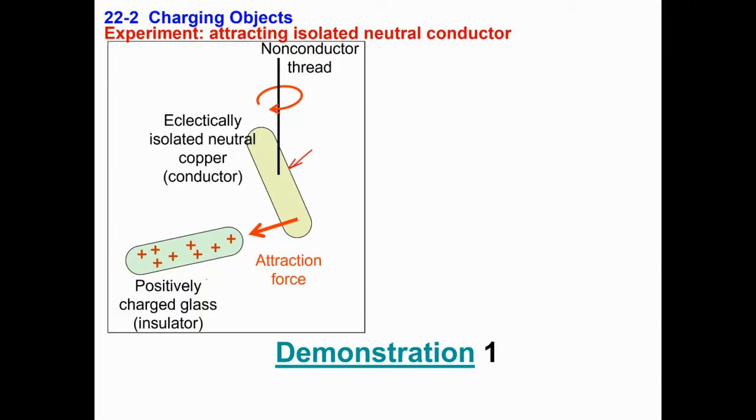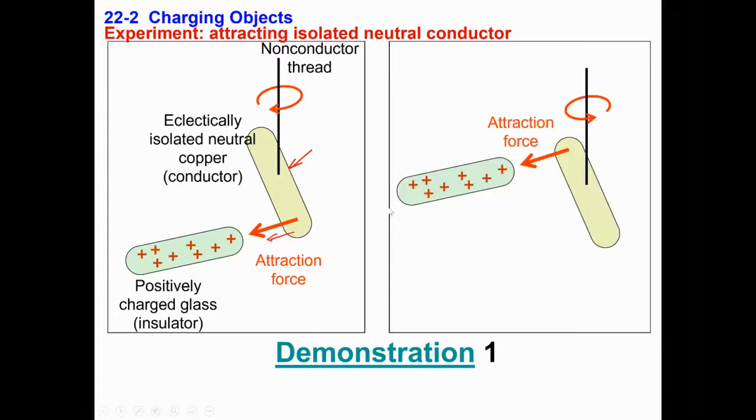Okay, and if you charge a glass by rubbing, and you charge it with a positive charge, we notice when you bring the positively charged glass close to the conductor, it will be attracted to it. So there will be an attraction. Same thing if you take the glass rod to the other side, it will also attract the other side. So in both cases, it will attract the conductor.